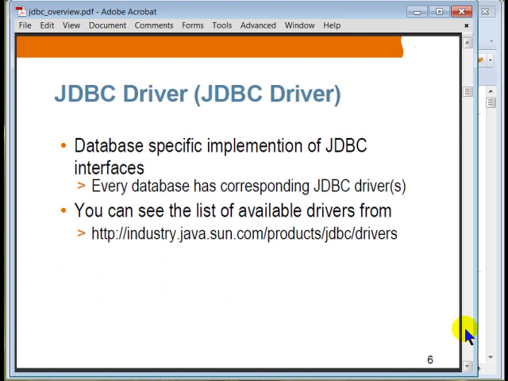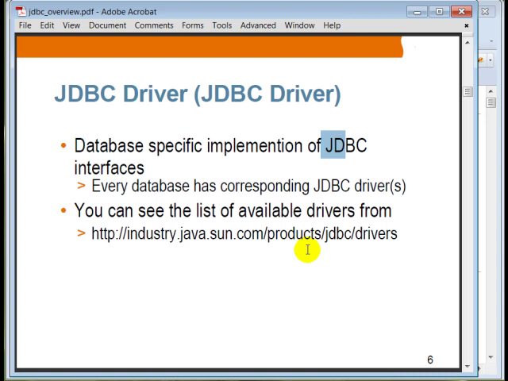Okay, so what is a JDBC driver? It's a database-specific implementation of the JDBC interface, as I talked about in the previous slide. Every database has a corresponding JDBC driver. So MySQL has the MySQL version of the JDBC driver, which is an implementation of the JDBC Java interfaces.